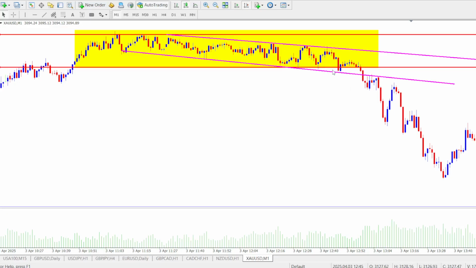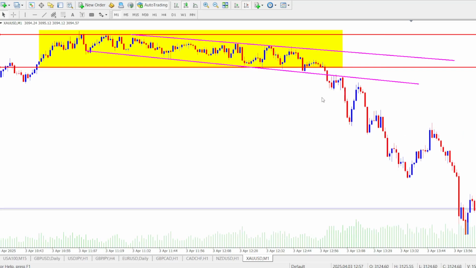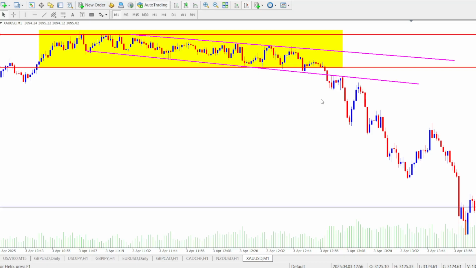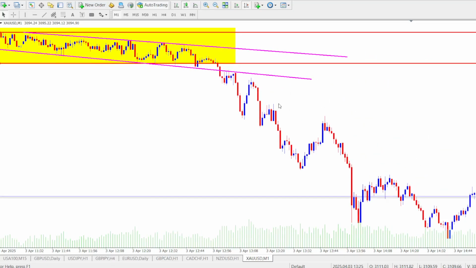It comes out, it breaks through with momentum from a support or resistance zone. So this often signals the start of a new trend, making it an ideal opportunity for traders to enter a high probability trade.